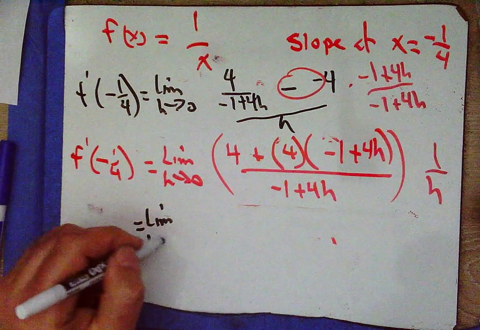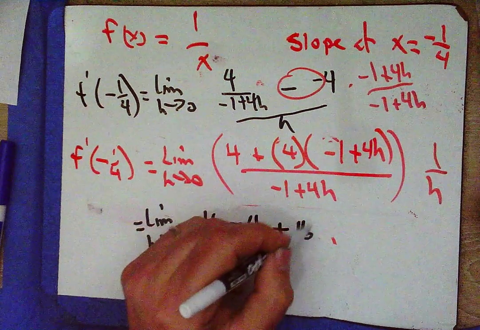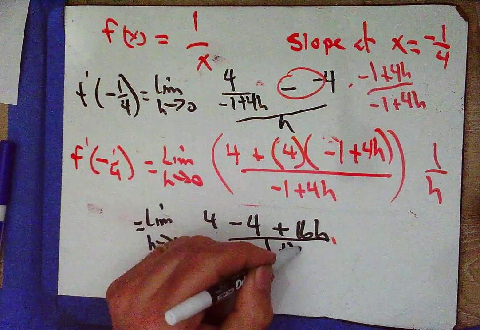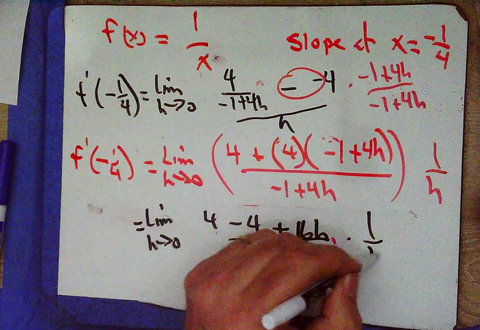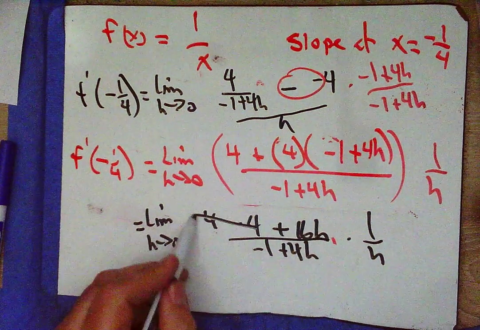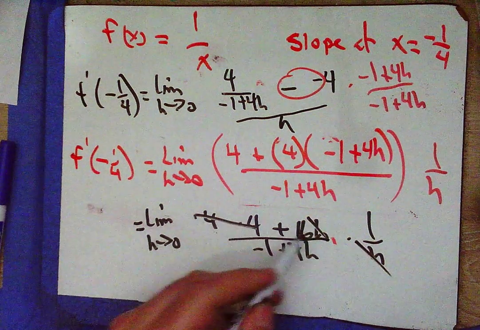The limit as h heads to 0 of (4 minus 4 plus 16h) all over (negative 1 plus 4h) times 1 over h. Okay, so what happens? These cancel. And this cancels with that, because I've only got one thing on top now.